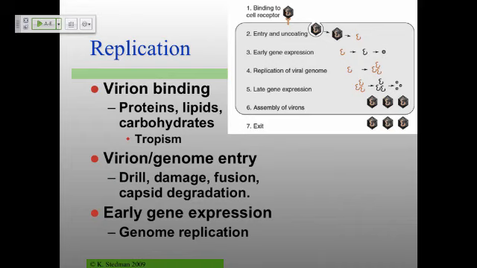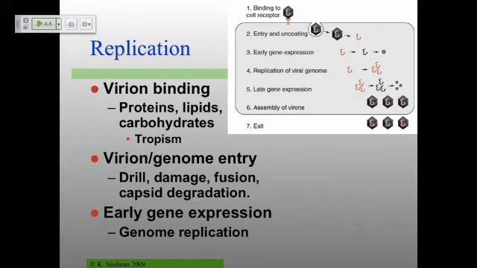You also often will have some damage of the cellular membrane on the outside. Many viruses have enzymes that are part of the actual capsid on the outside, which will degrade part of the cell in order to be able to get in.